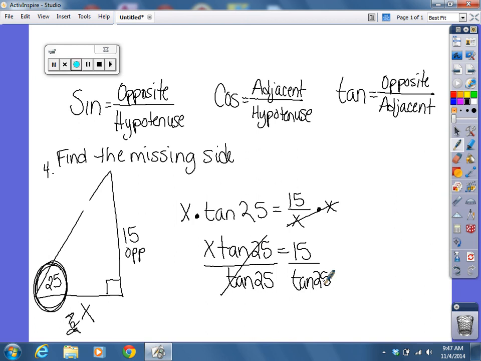And I put that in my calculator, and that's going to give me x. So I put in 15, hit the divide button, hit tan, type in 25, and you get an answer of 32.17. So now my x is 32.17.